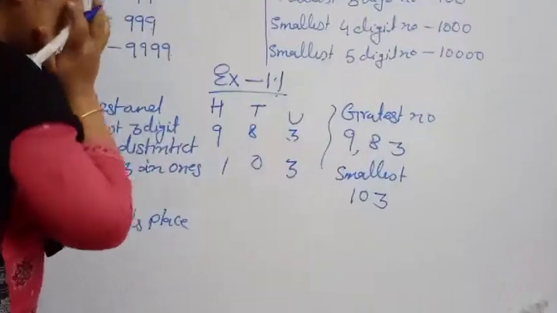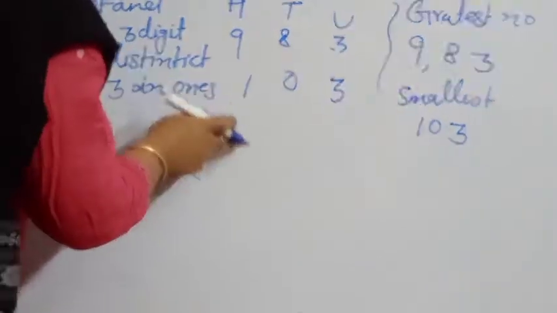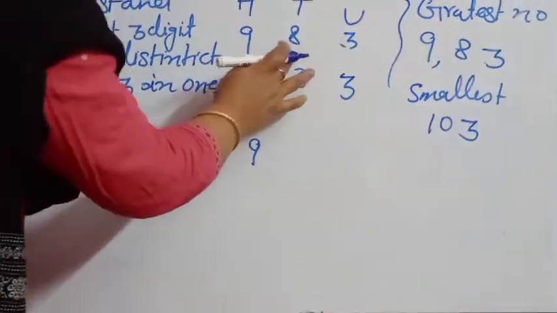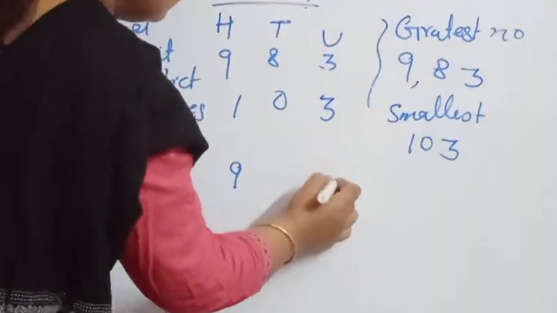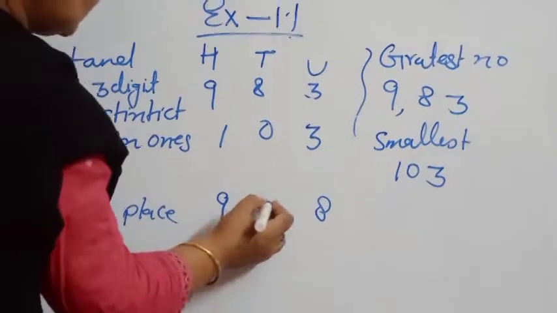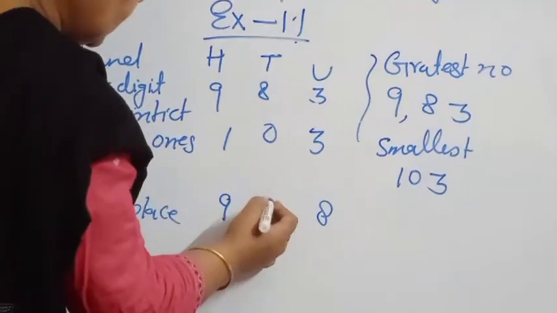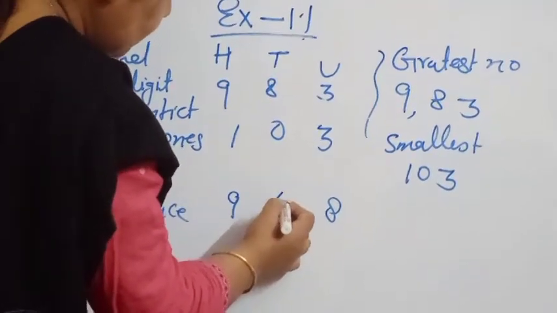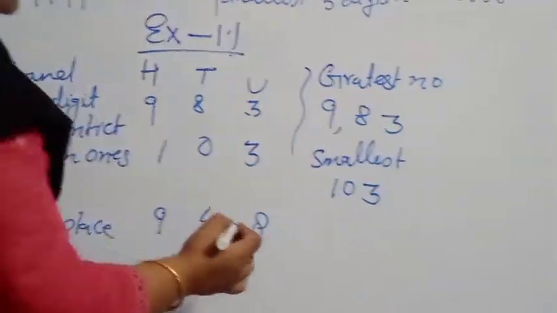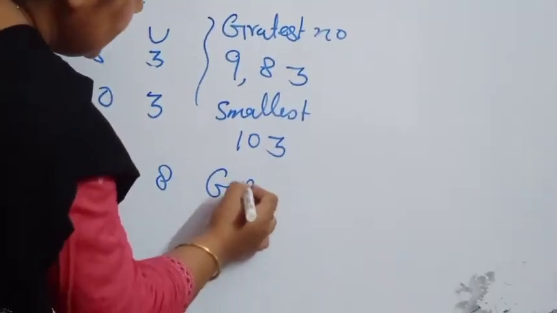Greatest number, 9 will remain, then 8 will go here, and in tens place we have to select 4, because we don't have any other option. It will be 948. This will be greatest.